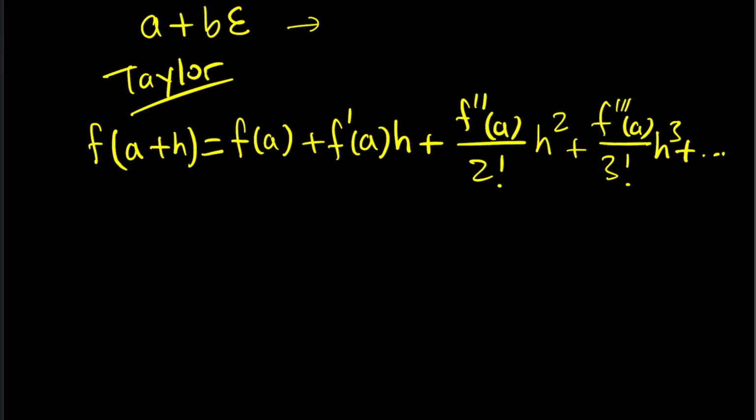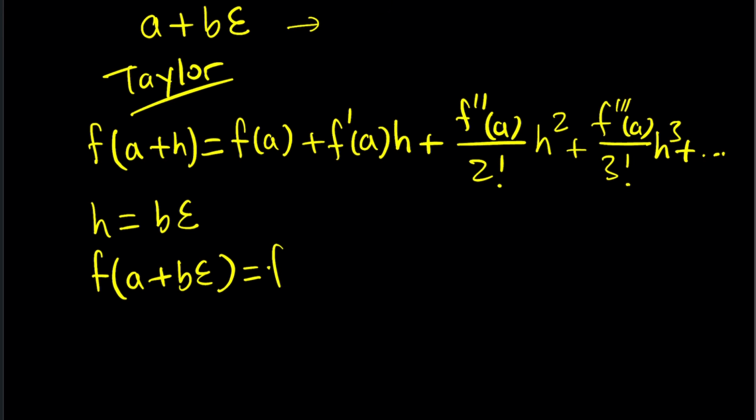Now, in this equation, if you replace h with b epsilon, you get something amazing. You get f of a plus b epsilon, which is basically the image of a dual number under f. And if you just replace h with b epsilon everywhere, f of a is not going to change, obviously. Then you're going to get f prime of a multiplied by h, which is b epsilon.